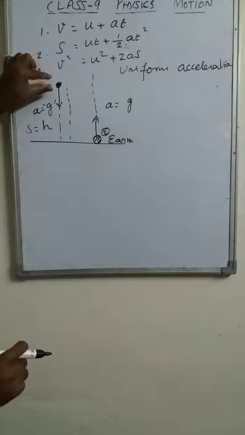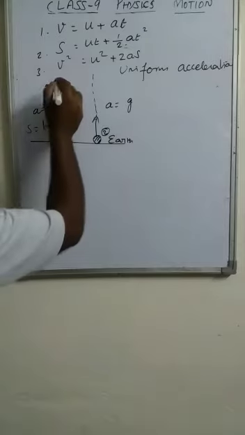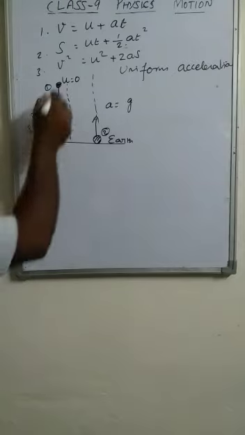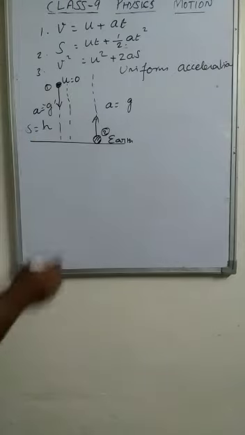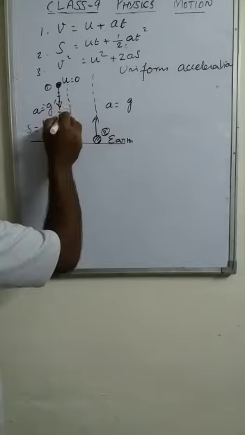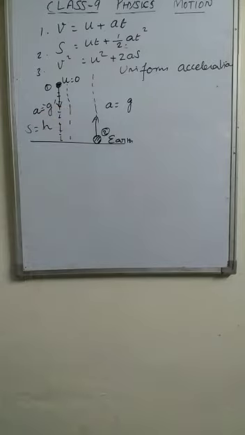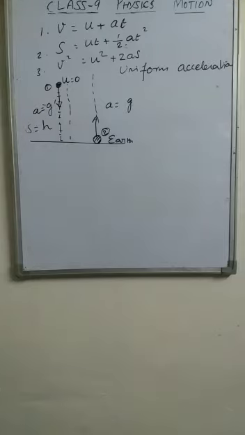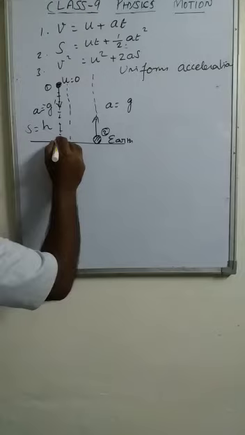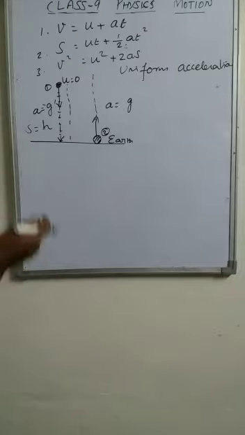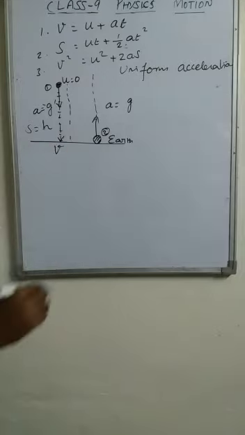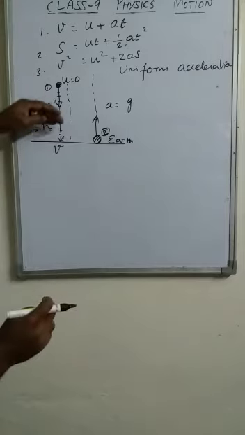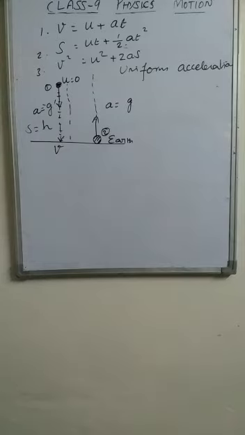At this point, the object was kept at rest in the beginning, so the initial velocity is equal to 0. As it is released, the velocity continuously increases. The change in velocity takes place equally in equal intervals of time. On reaching the Earth's surface, the velocity is maximum, that is the final velocity.